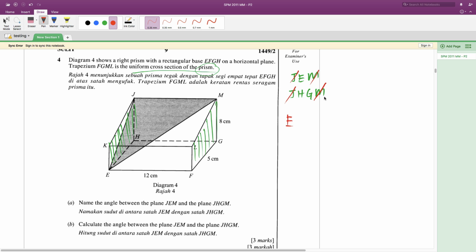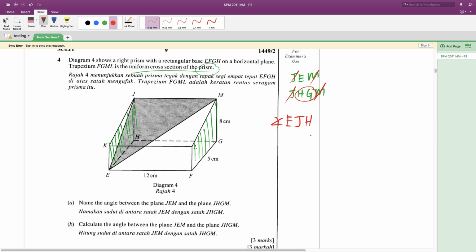Then from J and M, I have to determine which one is nearer to E. Is J nearer to E or M nearer to E? Obviously it's J, right? So I write the J here. Then from these two, I haven't cancelled out H and G. Which one is nearer to E? Obviously H, right? So this one is the angle in between. You can use the so-called elimination method.